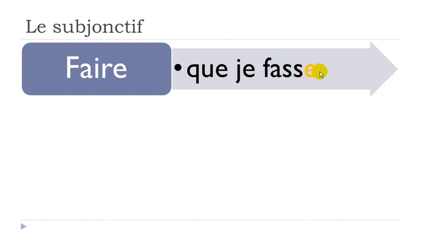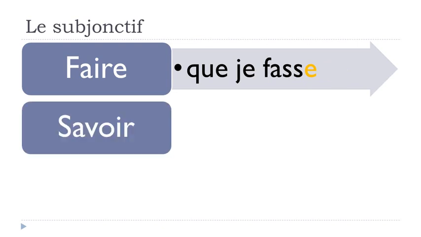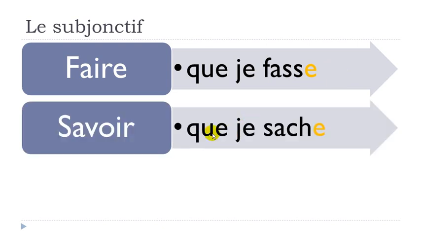You just need to change the endings: que tu fasses, qu'il fasse, etc. Savoir will give you que je sache. Same thing here: you take the ending away, and after that you put the endings that we saw, es, ions, iez, ent, according to the person.